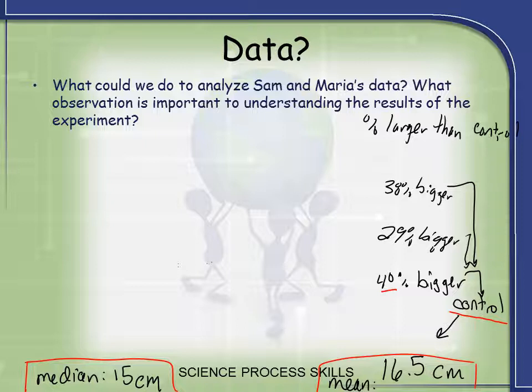So we can see that the smallest plant was the one without fertilizer, which is what we would expect if our hypothesis were to be accepted. And we can see that plant C was 40% bigger than the control. So all the plants with fertilizer grew larger, but fertilizer C may have had a bigger impact on plant growth.